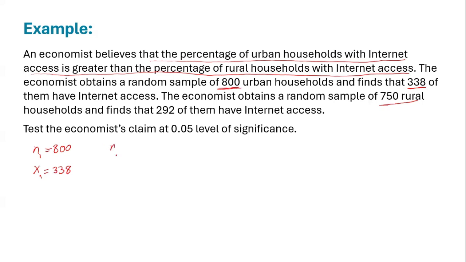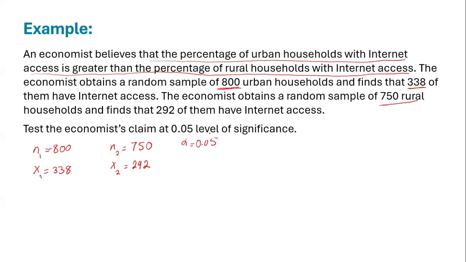So the second sample size is 750, and the number of success for the second sample is 292. Test the economist's claim at 5% level of significance. Okay.